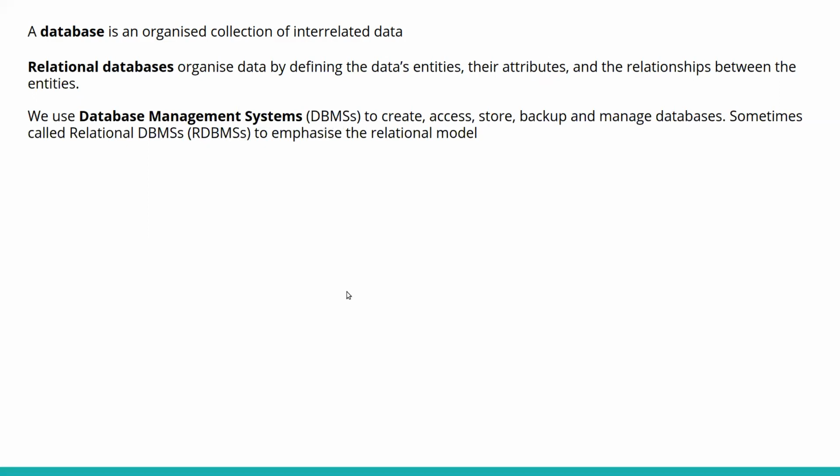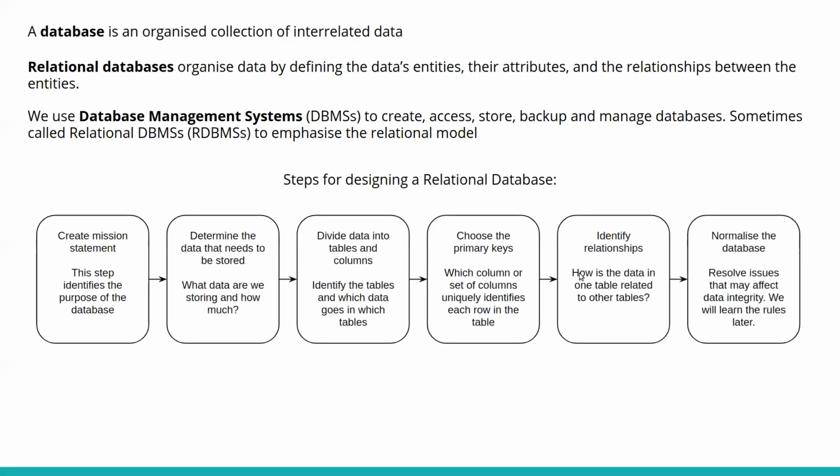And there's lots of different database management systems. If a database management system is designed to work with relational databases, then we call it a relational database management system. But in general, nowadays, DBMS is enough because almost all databases are relational databases. So you don't have to get more specific than that.